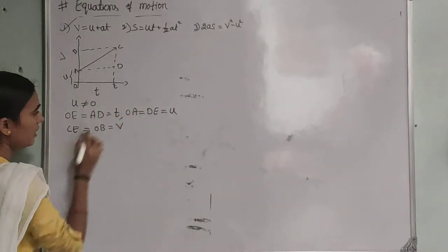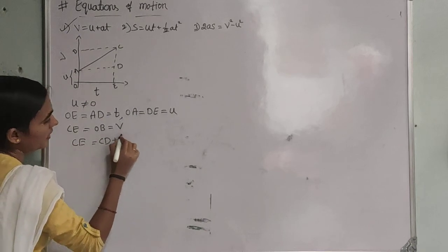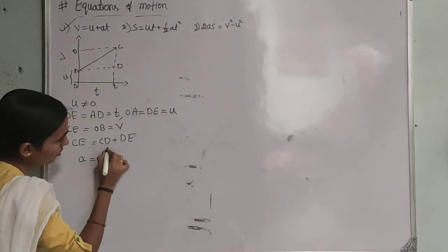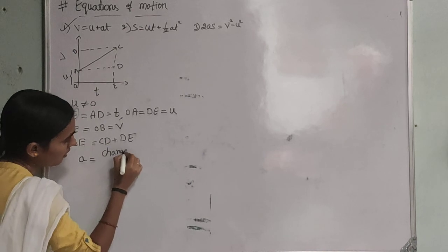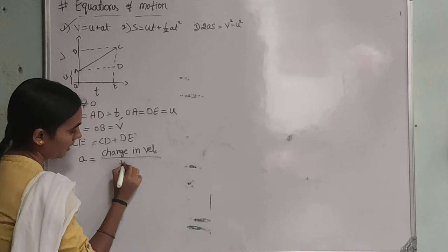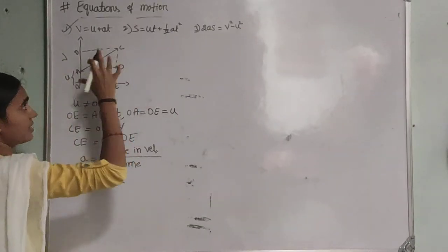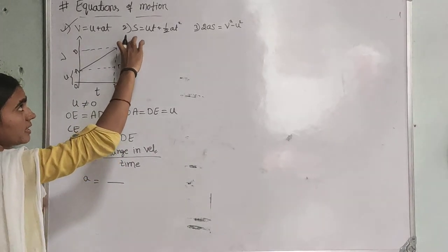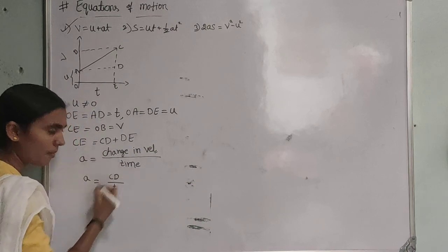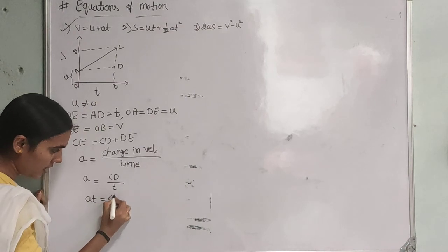So CE is equal to CD plus DE. We know the acceleration formula: acceleration is equal to change in velocity divided by time taken. So from this graph, CD represents the change in velocity. So a into t is equal to CD.